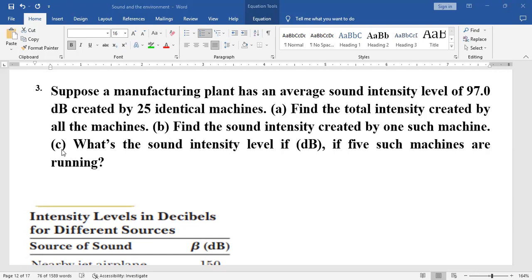And the C part says, what's the sound intensity level in decibel if 5 such machines are running? Then we are also going to find the sound intensity for 5 machines, which will help us to find the sound intensity level in decibel. Let's go back to the board.